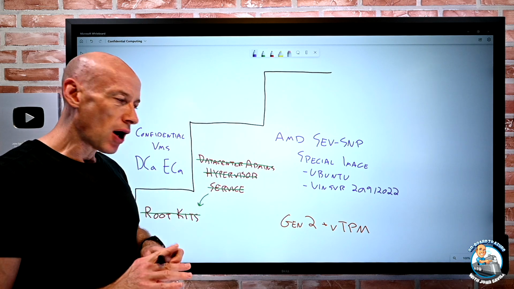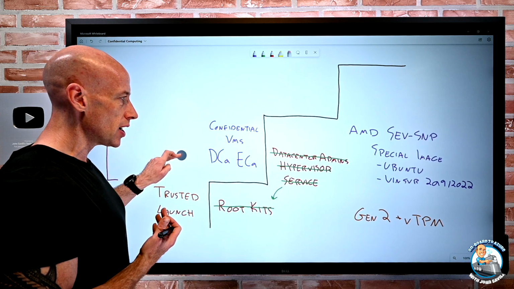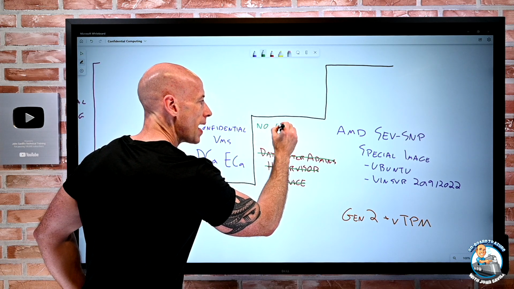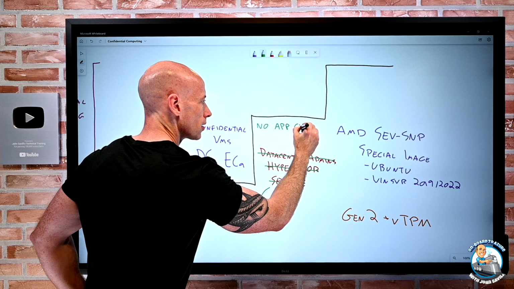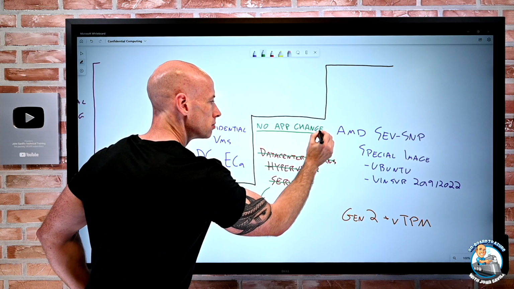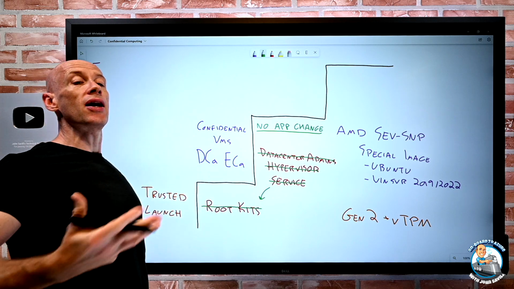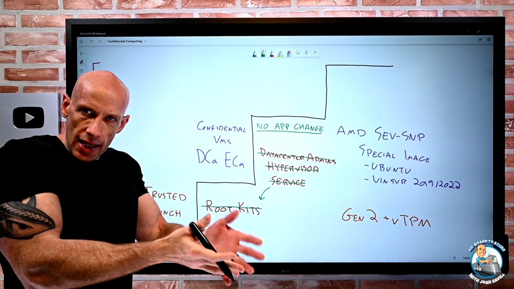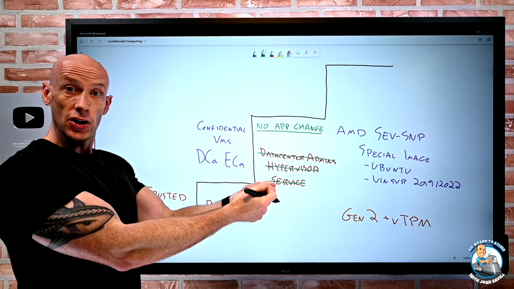But the huge part of these types of virtual machines is there's no app change. My application is completely, pretty much unaware of this. Yes, the image is special to support those things I just talked about, but I can lift and shift my app.